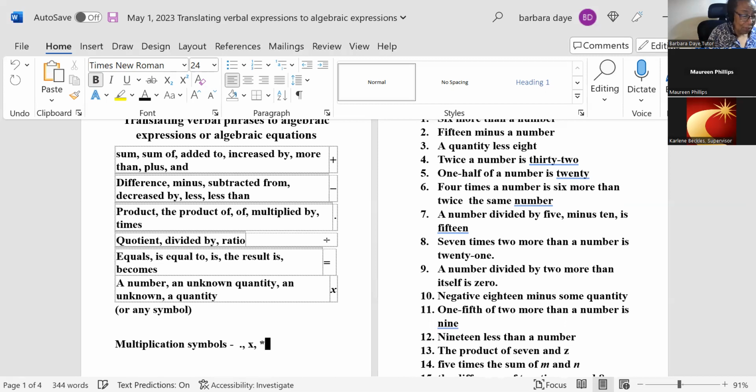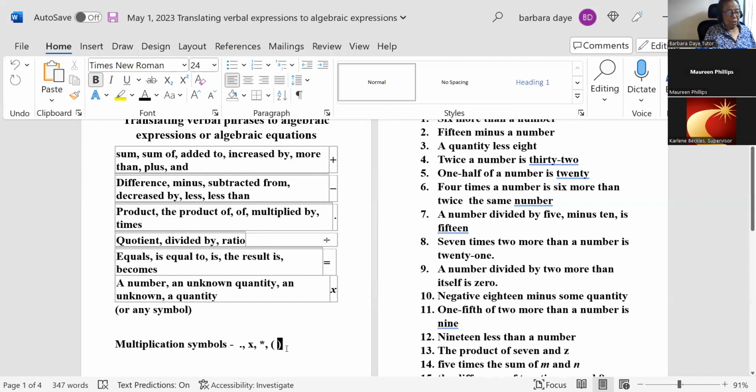You could have an asterisk. And you could have parentheses. Let me put a space here so it won't look like a zero. So you could have parentheses. All of these represent times.